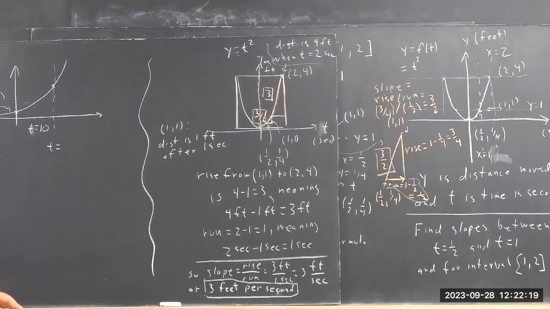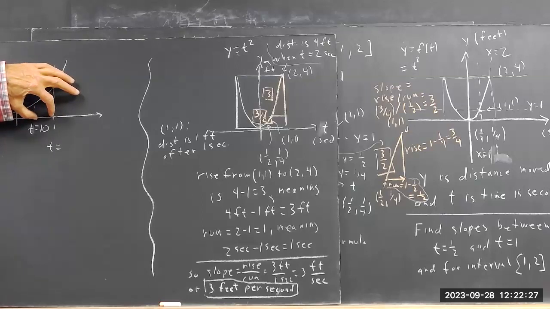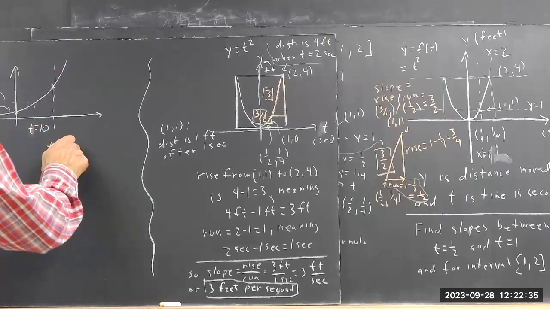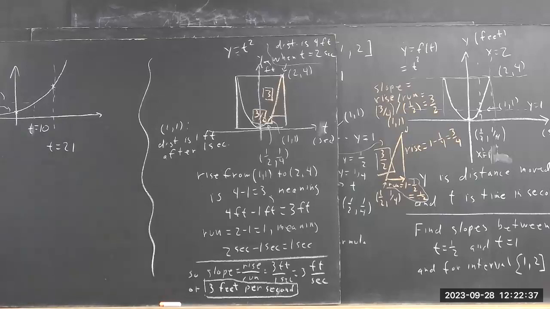13. Okay. Actually, I think it's more than that because t is 0 here and t is 10 here. How long is that? This is 10. So it looks like 20. And that actually looks to me a little bit more like it's 21. It's a little more than twice as far from the origin as this.